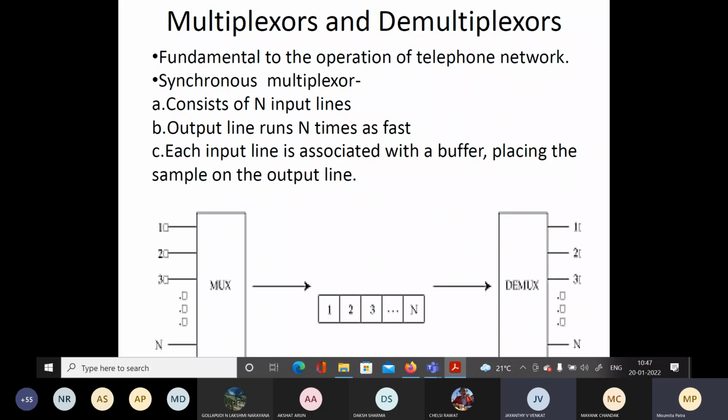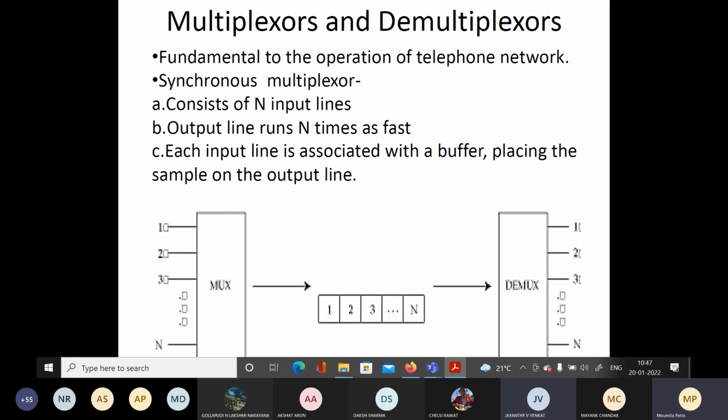If you still want further usage of the resources already available, you can use multiplexers and demultiplexers at both ends, so that more data can be transferred at a time. That is why multiplexers and demultiplexers are fundamental to the operation of telephone networks.